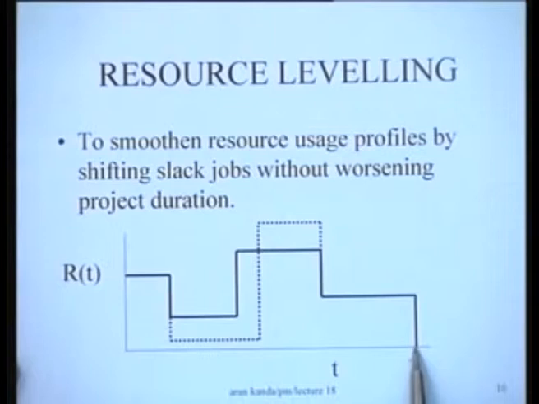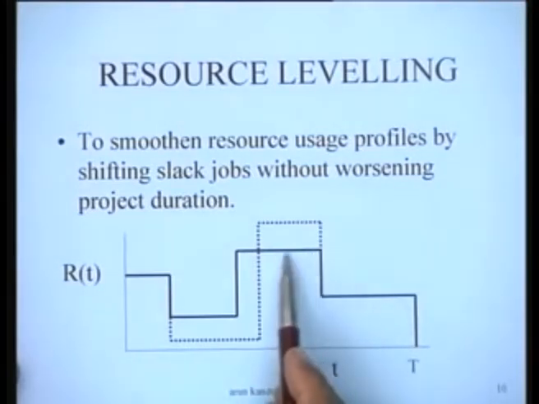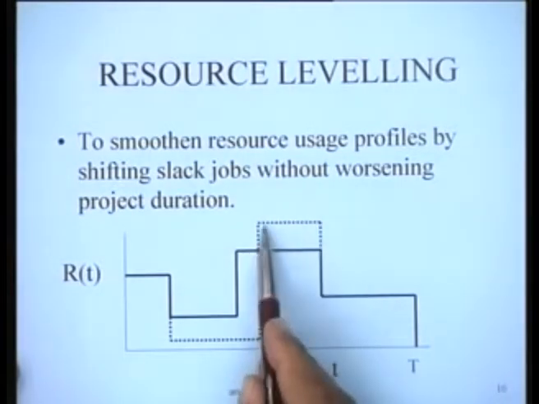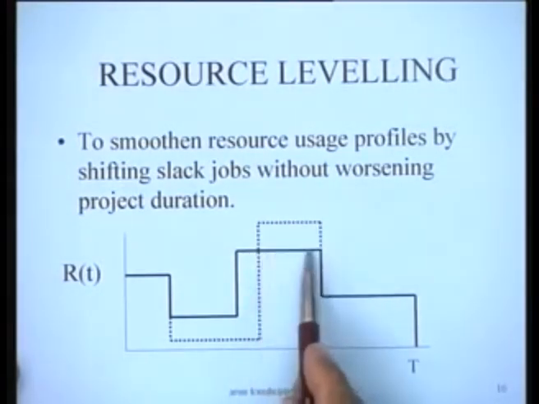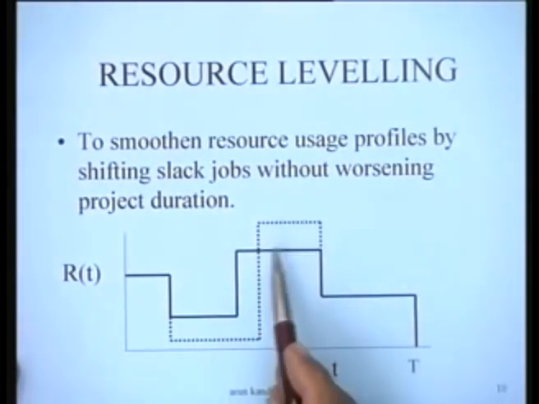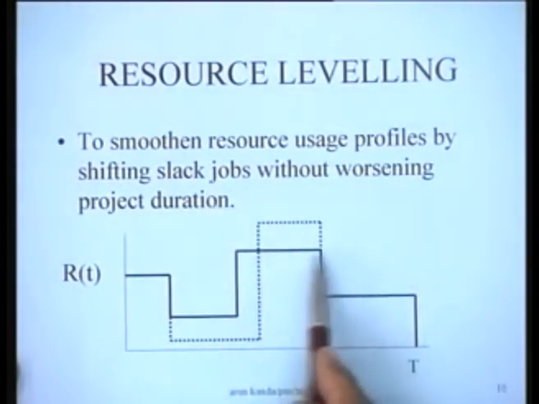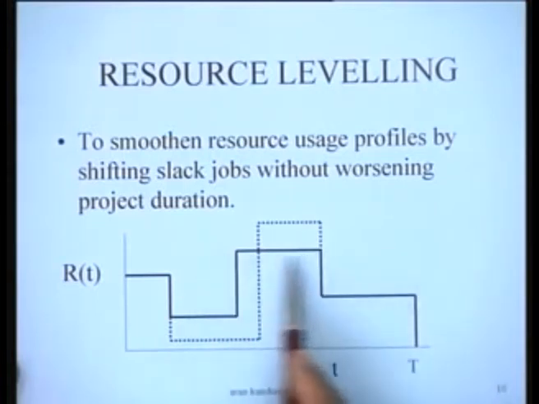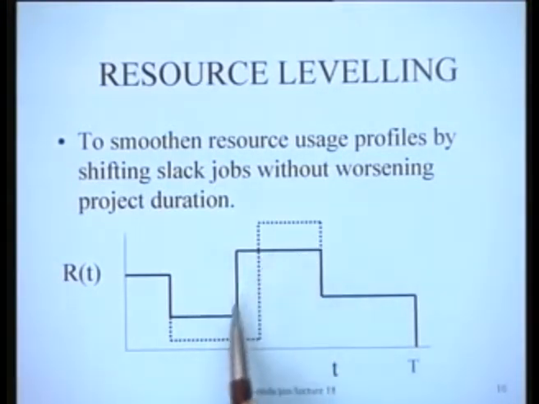That is, the project duration here is fixed, and therefore during this particular period when we have the peak, we can examine which are the jobs which are currently active from the schedule, and those jobs which have slacks, those could be shifted either this way or this way, and this might mean that some jobs are shifted here.